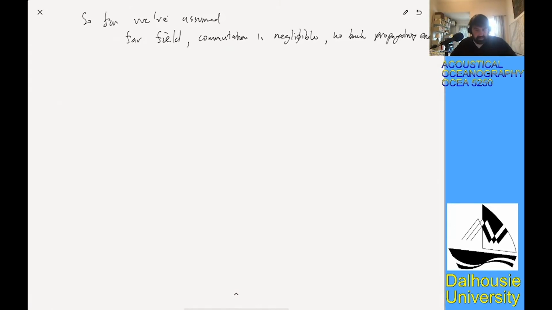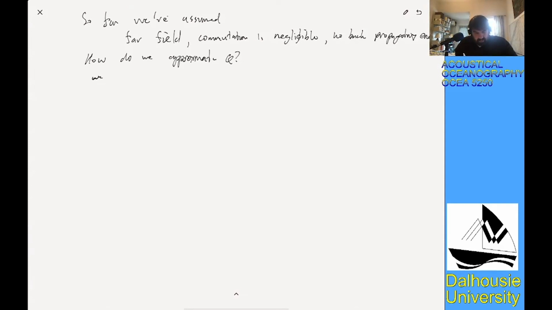Okay. How do we approximate Q? Well, it's a square root, so there's going to be some approximations that jump instantly to mind.